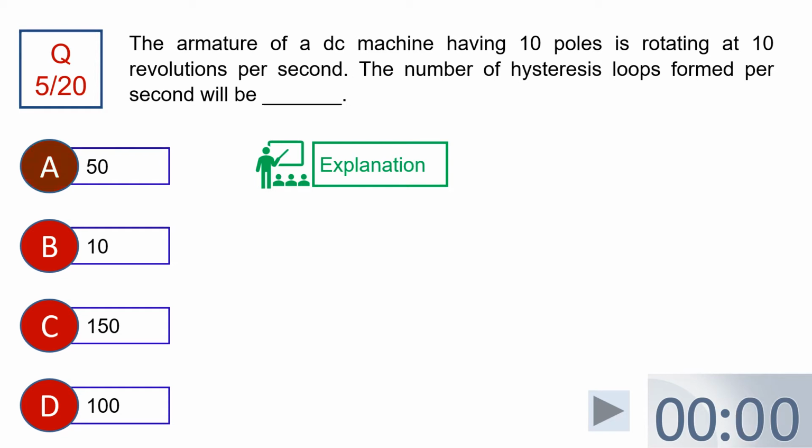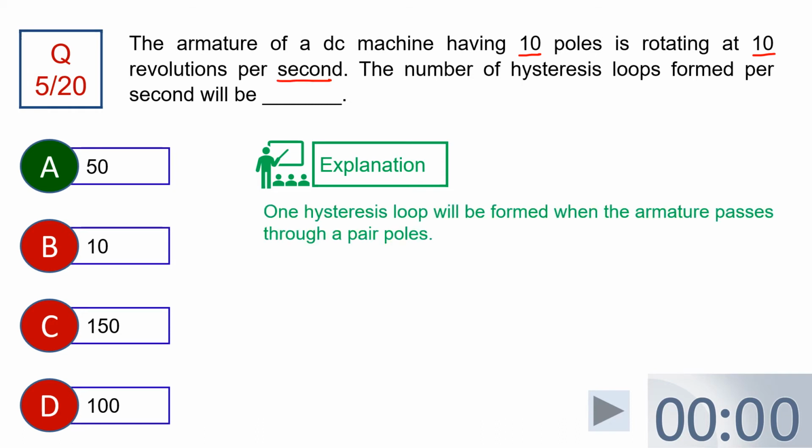Correct answer is option A. So in this case, number of poles, it is given as 10 and speed of armature, it is 10 revolutions per second. Now one hysteresis loop will be formed when the armature passes through a pair of poles.